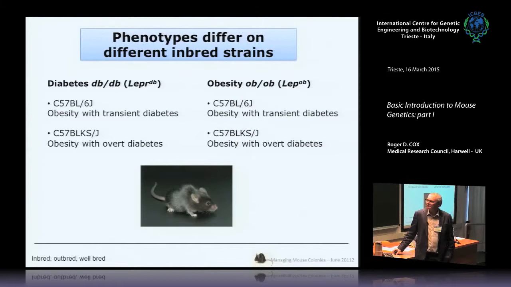As I've said, phenotypes differ on different inbred strains, so this leptin receptor mutation, which causes mice to be very obese, on a 6J background is milder than on a KS background, where you get obesity and overt diabetes that will kill the mice, whereas on a 6J background, it's milder.